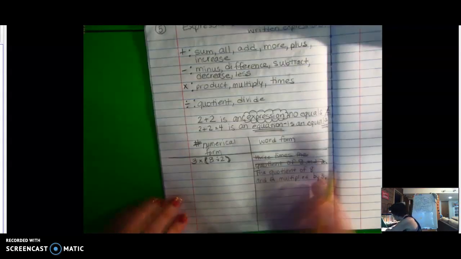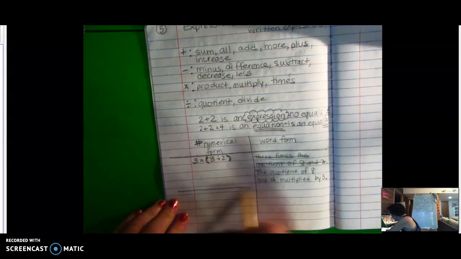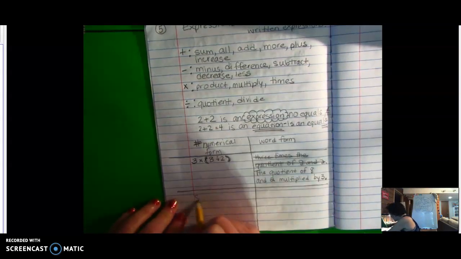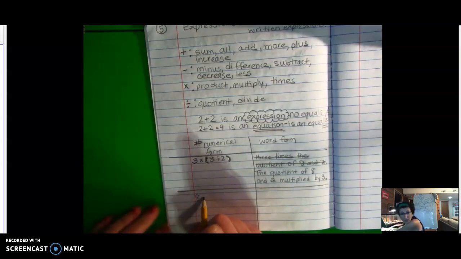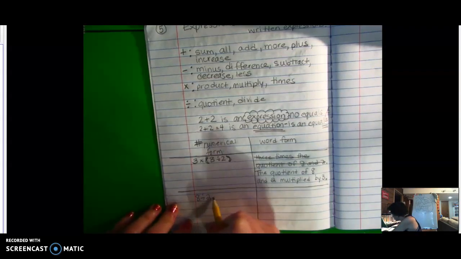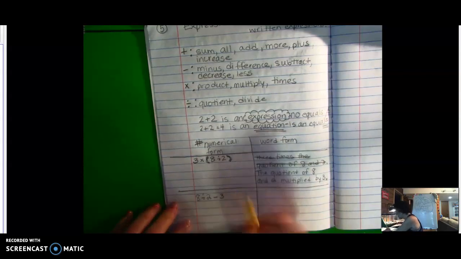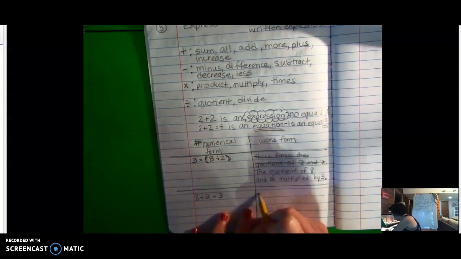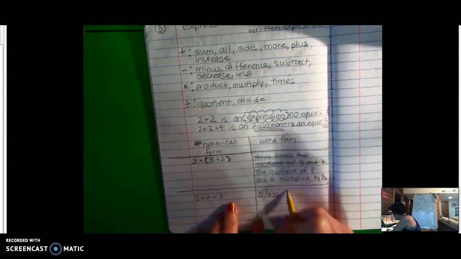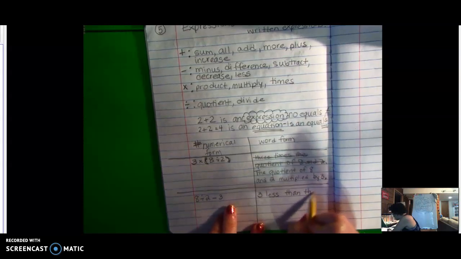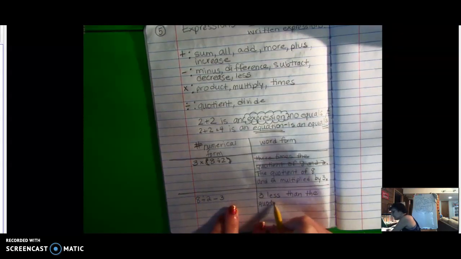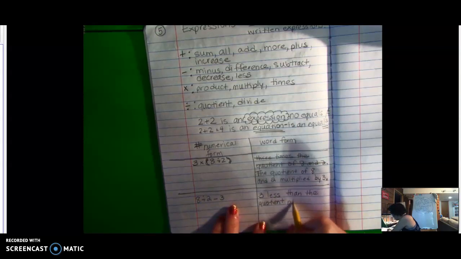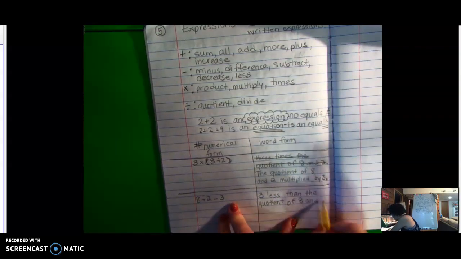What if I had 8 divided by 2 minus 3? Then I could say 3 less than the quotient of 8 and 2.